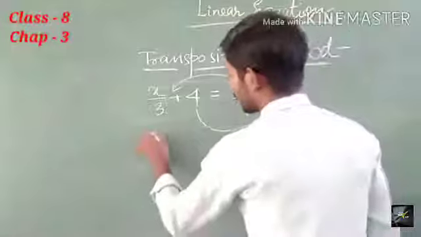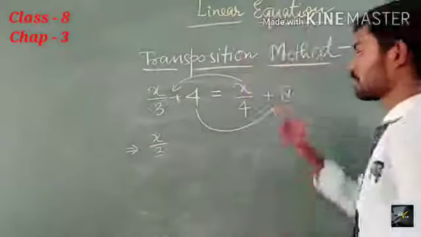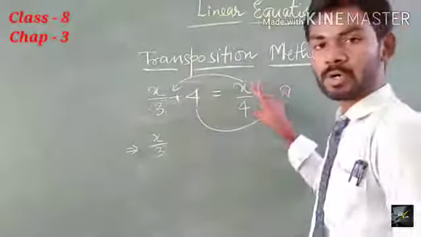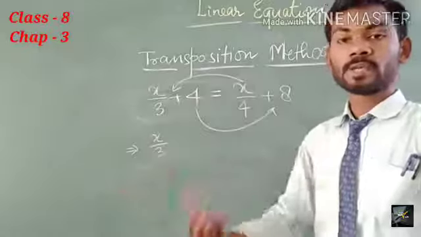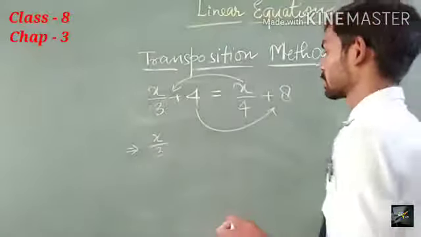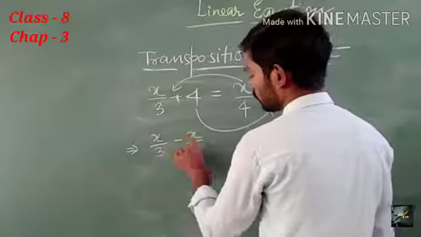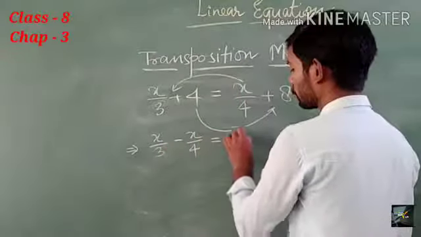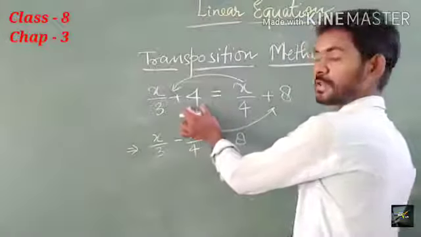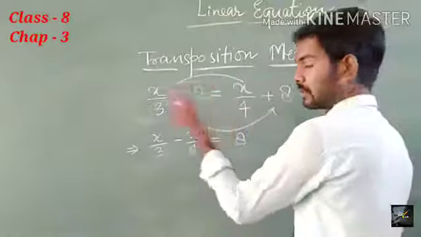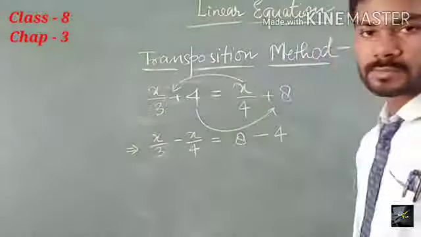So we get x upon 3. x upon 4 is positive, so when transposed to the left side of the equal sign, it becomes minus. So here we write minus x by 4 is equal to 8. 4 is positive, so when it goes to the right side, it becomes negative, and here we get minus 4.